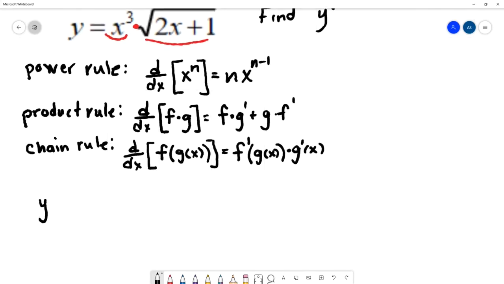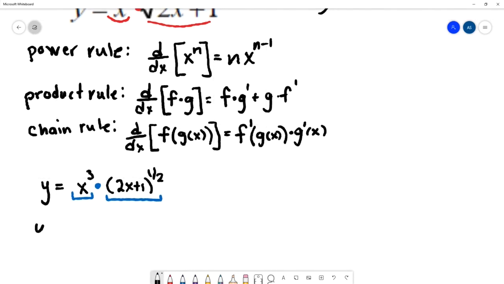So I've already rewritten it with algebra. That would give me x cubed times 2x plus 1 to the 1/2 power. Now the first rule that I'm going to use is going to be the product rule. I have a factor of x cubed and a factor of 2x plus 1 to the 1/2.